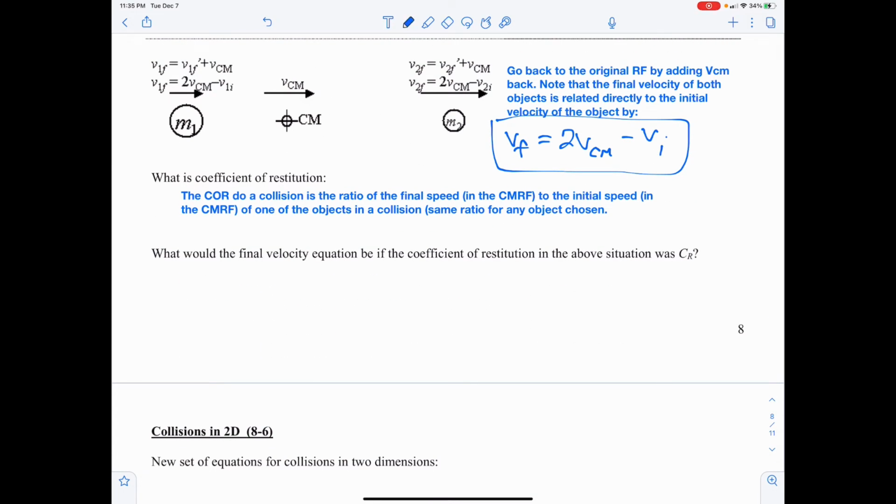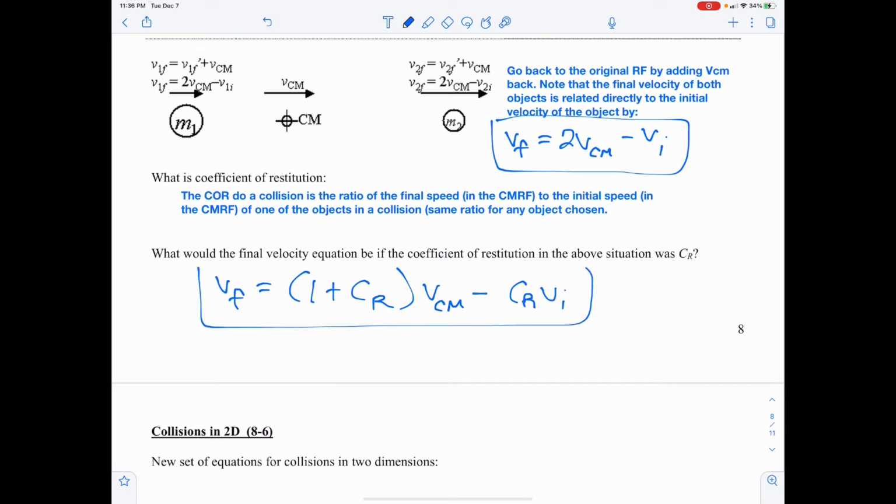Now, through a little bit of a derivation that is very similar to how we got that right there, the final speed involving the coefficient of restitution would be something similar to, instead of 2, 1 plus that coefficient times the velocity of the center of mass minus, now instead of just VI, the coefficient of restitution times VI. So there's a little bit of a derivation involved, but that's the formula that results.